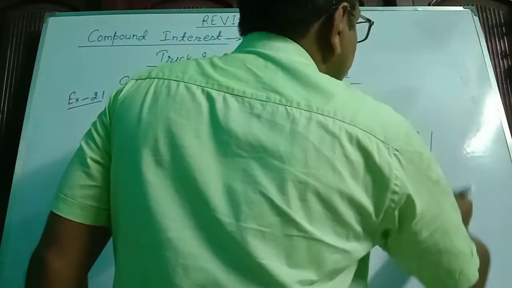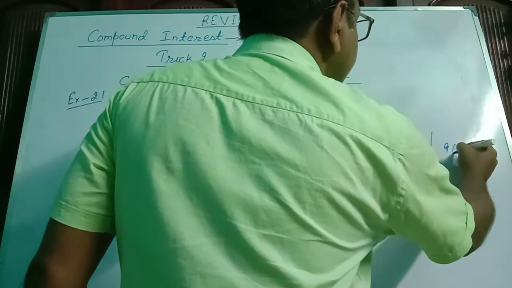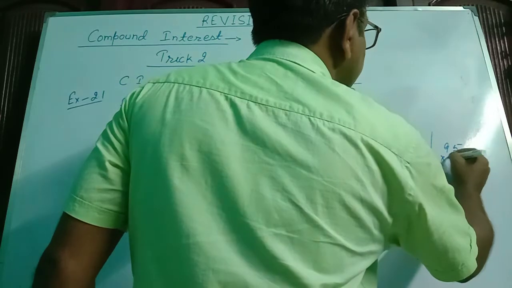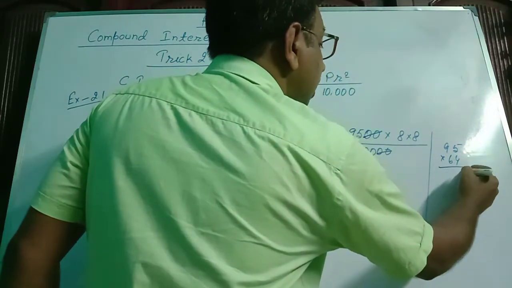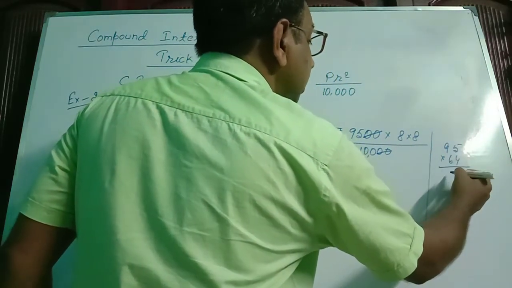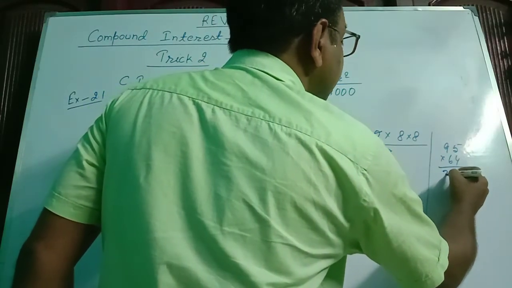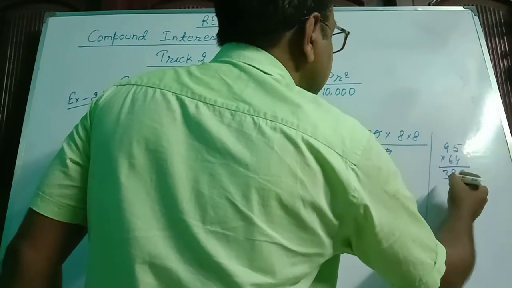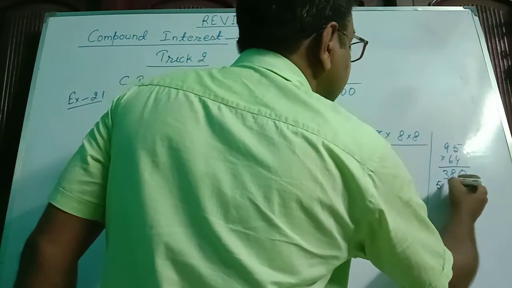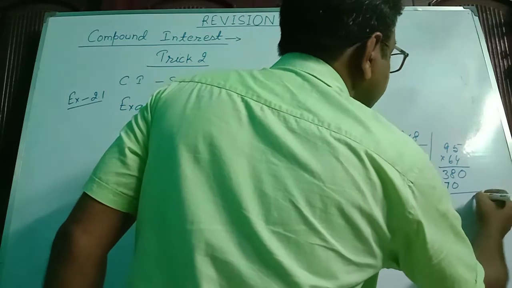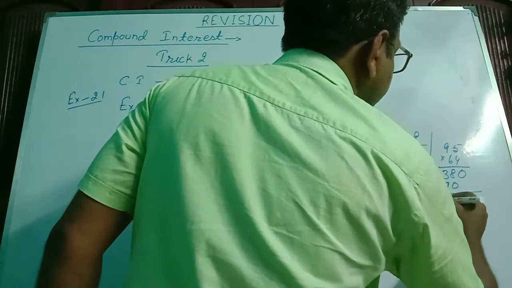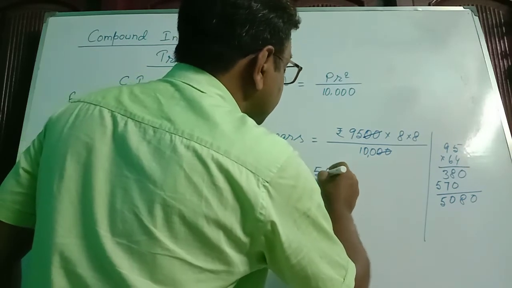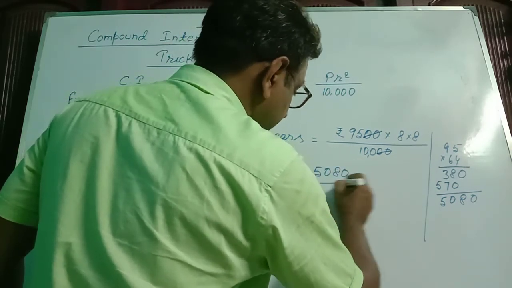Now in a rough calculation, 95 into 64, 4 5s are 20, 2 4 9s are 36 and 2 is 38, 6 5s are 30, 6 9s are 54 and 3 is 57. This became rupees 5080 by 100.